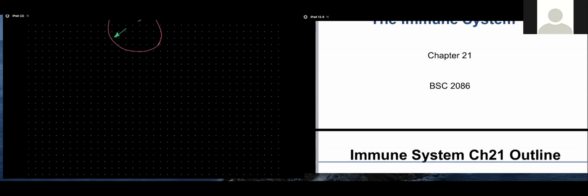Atrial natriuretic peptide is the hormone that's going to be responsible to reduce your blood pressure back to normal. How is the atrial natriuretic peptide going to be conducting its effect? It has three target organs.